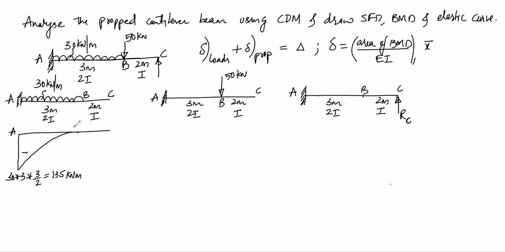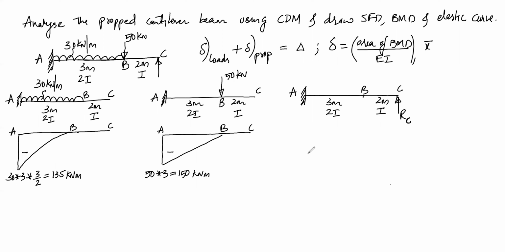And this is point A, point B and point C. And for cantilever with point load, we will again get a hogging BMD, which will be triangular variation like this. And the bending moment here will be 50 into 3, that is 150 kilonewton meter, which will be hogging. This is point A, point B, and point C.